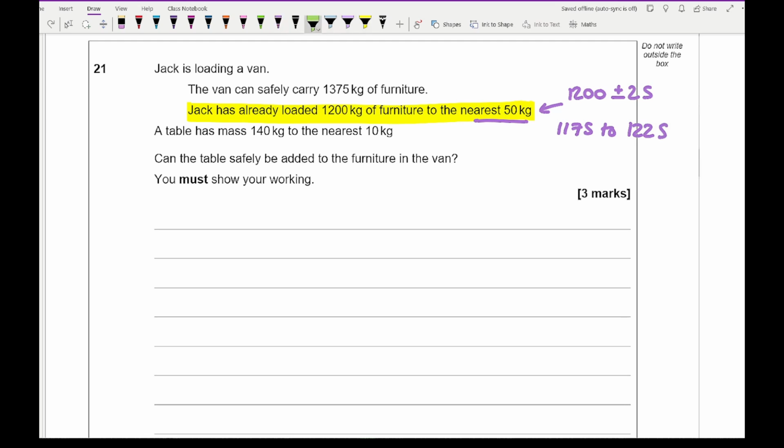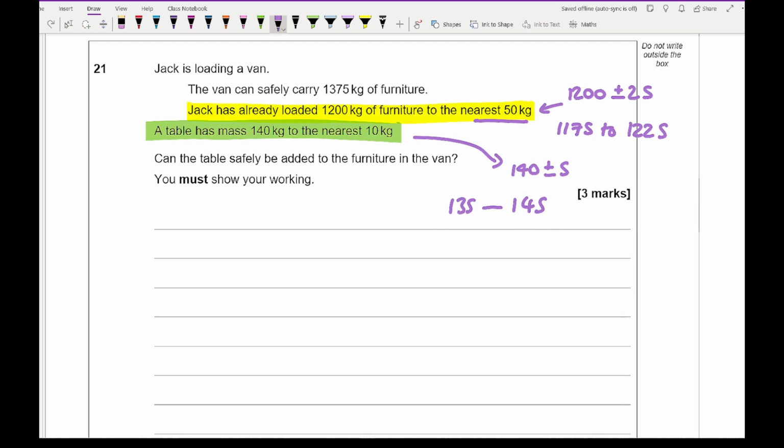Then I need to look at the second thing that's been rounded, which is the table. So again, if I look at the upper and lower bound of this, half of 10 is 5, so it's going to be 140 plus or minus 5, which gives me 135 to 145.